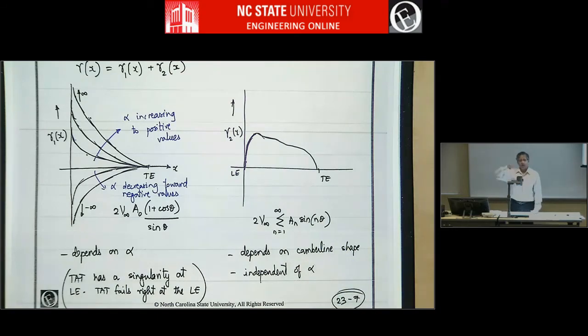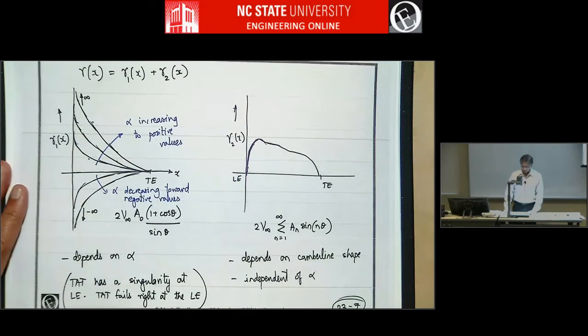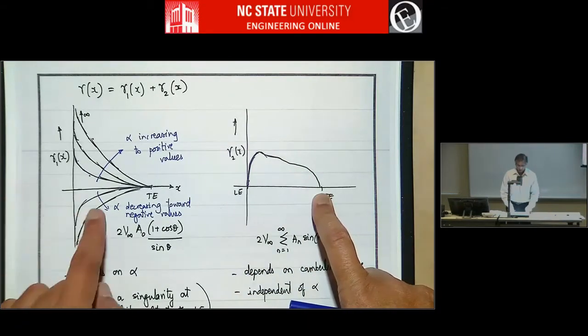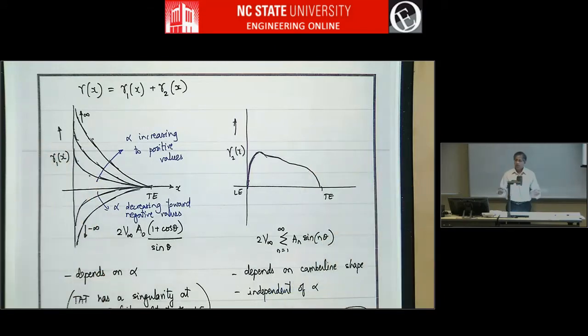Remember, we added a lot of sine waves, and we selected the sine waves and their scaling factors so that the camber line boundary condition is satisfied. So that depends only on the camber line, it's independent of alpha. Depending on the camber line, this gets calculated, and then depending on the angle of attack, this gets calculated. For a given camber line and angle of attack, you add those two, and that's the solution.